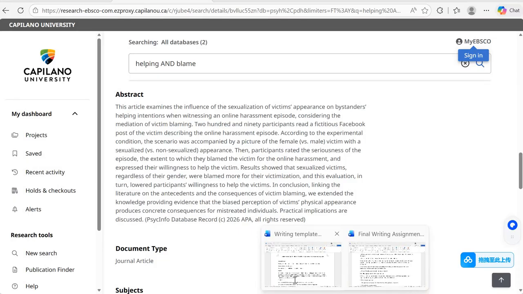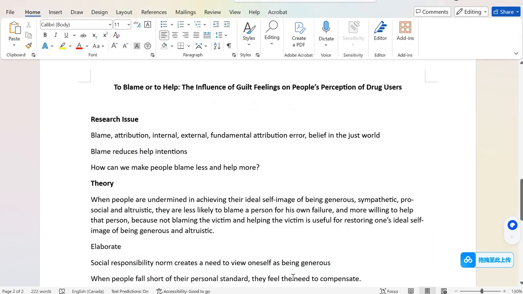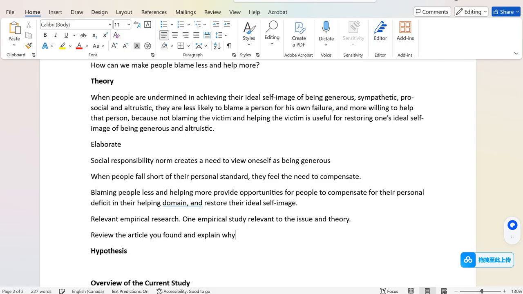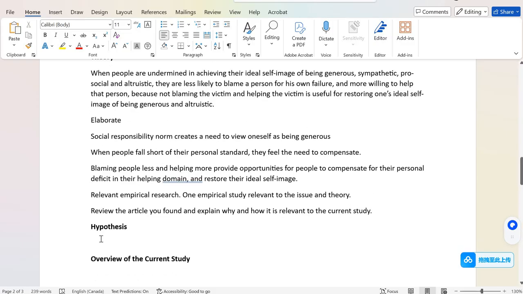My point is you need to do the literature search. You need to review the article you found and explain why and how it is relevant to the current study.